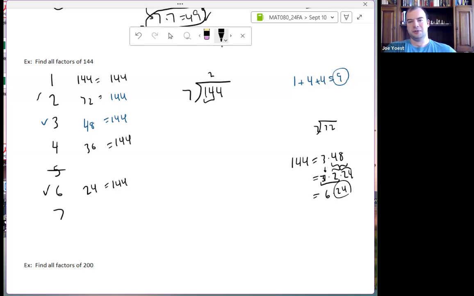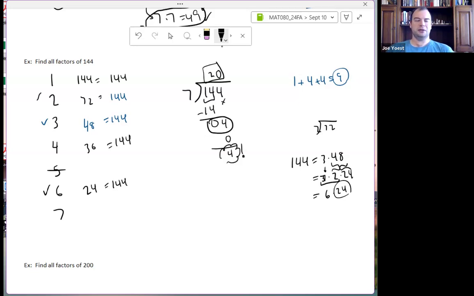7 goes into 14 twice. Bring down the 4. Does 7 go into 4? No. 7 goes into 4 0 times. 0 times 7 is 0. So 7 goes into 144 20 times, but with a remainder of 4. 144 divided by 7 doesn't turn out to be a natural number.